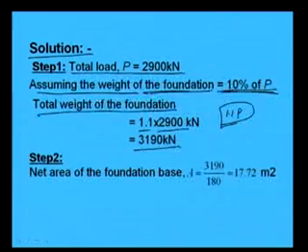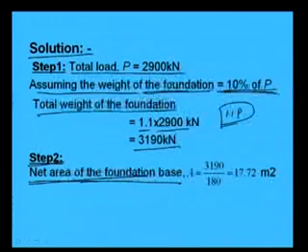So, total weight is becoming 3190 kilonewton, and in step 2 we will find out the net area of the foundation base, and that will become A is equal to 3190 by 180. So, this is becoming 17.72 square meter, right, 17.72 square meter.